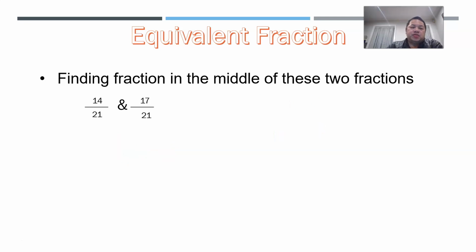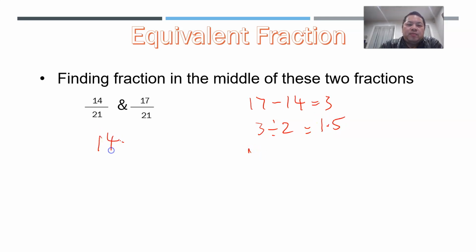What happens if I have a situation like this? Good news, it's the same base, but unfortunately, the difference between the two numbers is 3. So 3 divided by 2 is 1.5. So 14 plus 1.5 over 21 is 15.5 over 21.